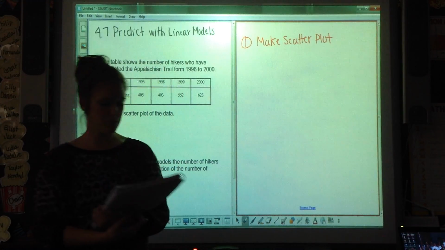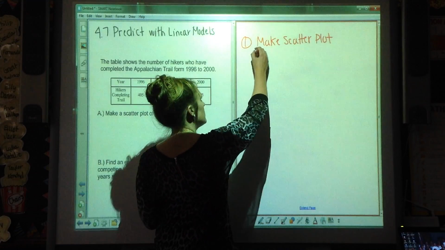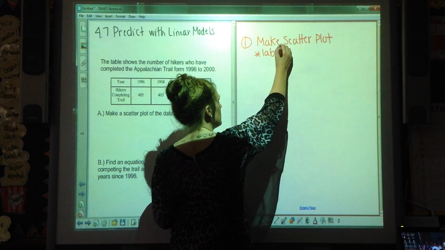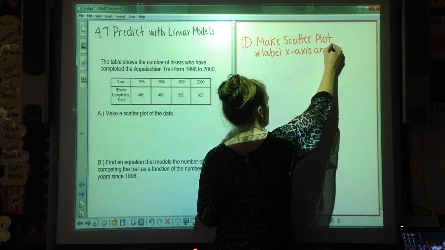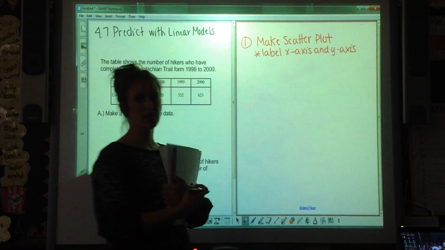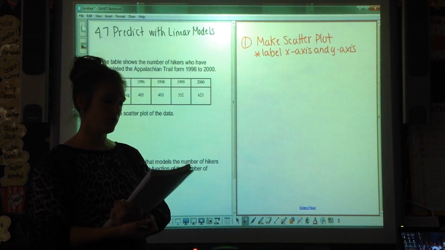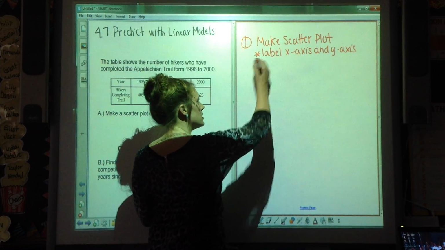When making your scatter plot, it's going to be very important that you label the x and y axis. It'd be a great idea to put a title on your scatter plot as well. Try to use the smallest intervals possible.